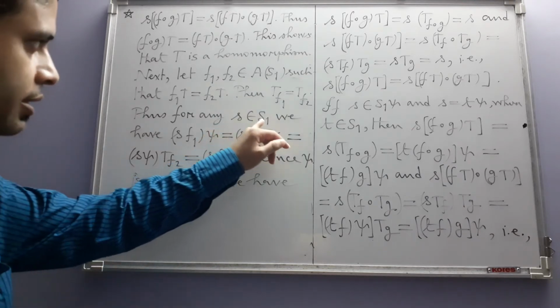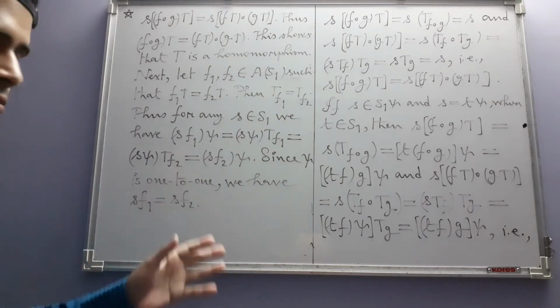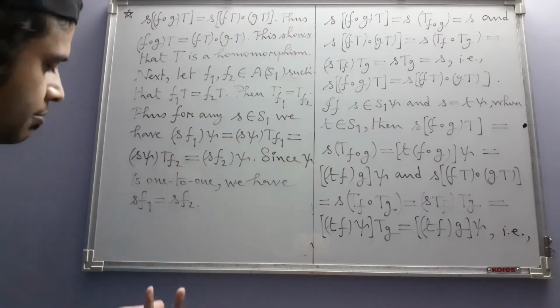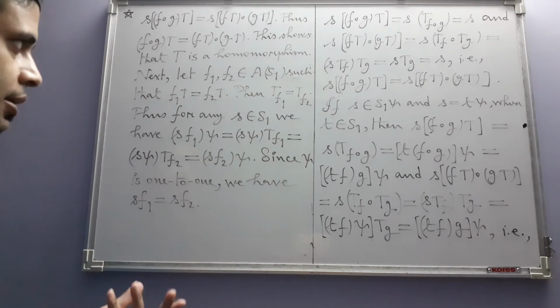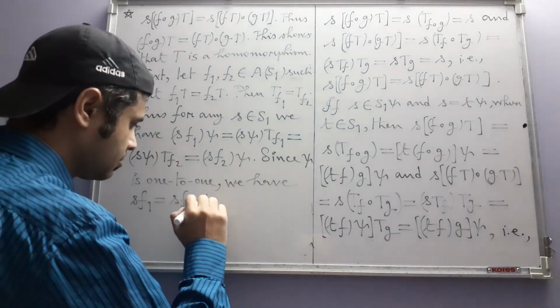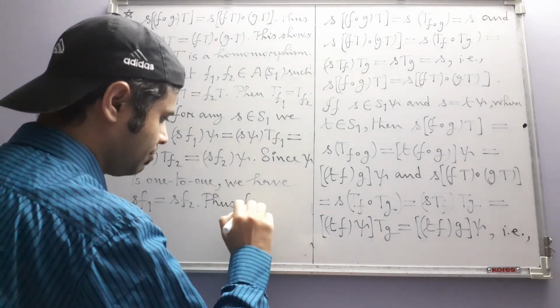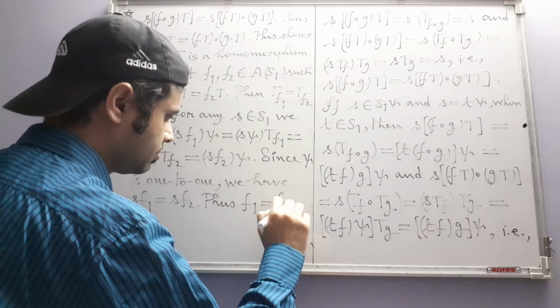But S was any element in capital S1 and the F1 and F2 images of S are same. So the functions F1 and F2 themselves are the same function. Thus, F1 is equal to F2.